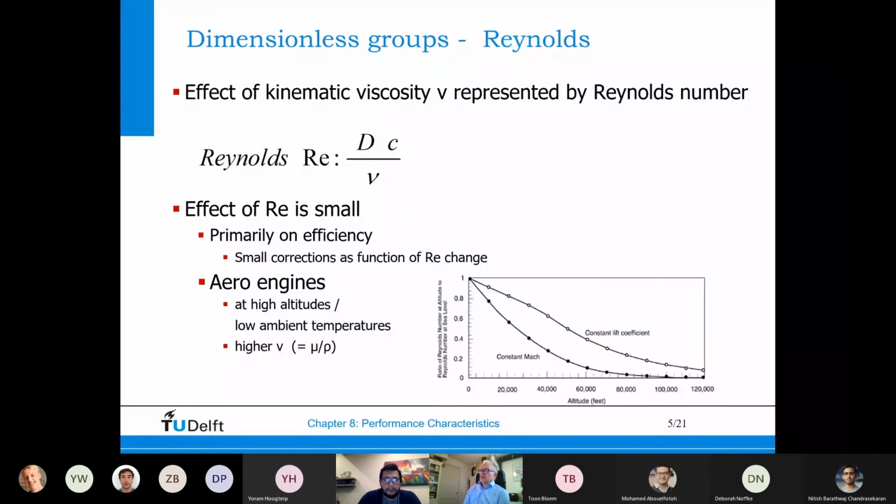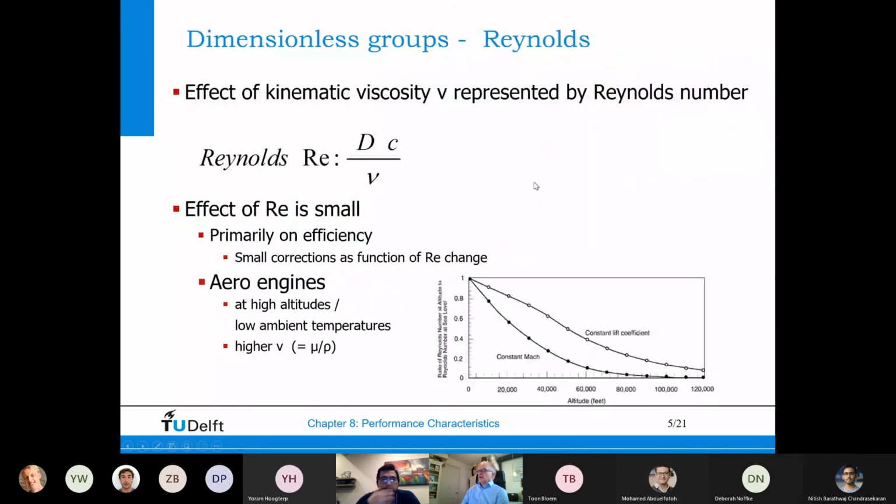So usually at high altitude, with the drop in Reynolds number, you use some sort of simple function, meaning that a drop in Reynolds means a small drop in efficiency. It's usually a very simple relationship that is used to predict performance of aircraft flying at high altitude. You see an example of a plot where that is analyzed here.